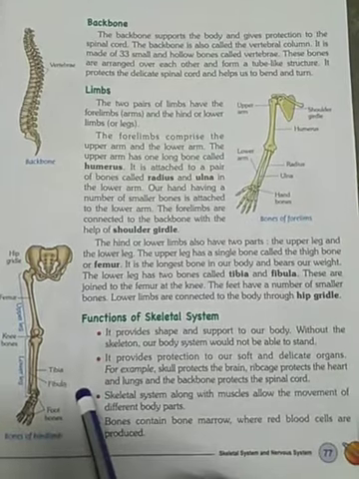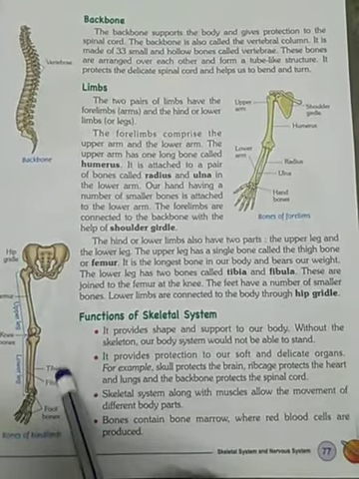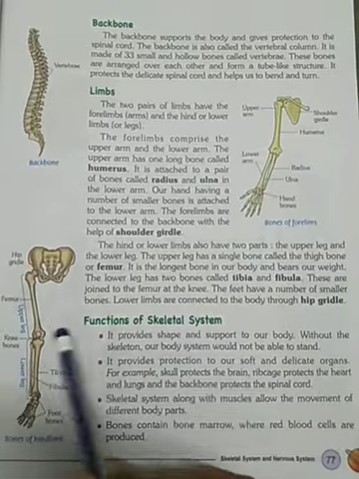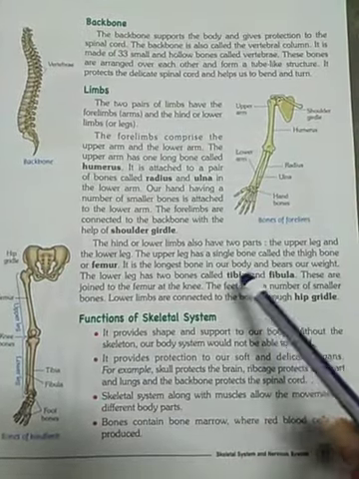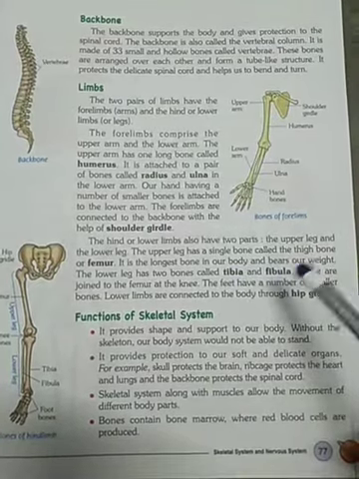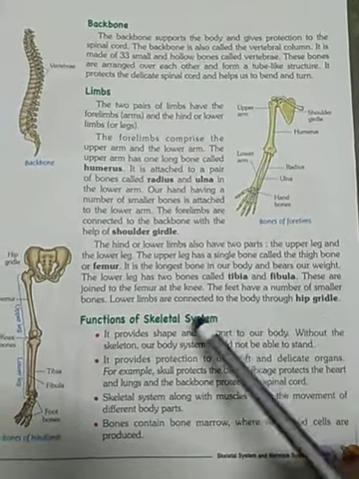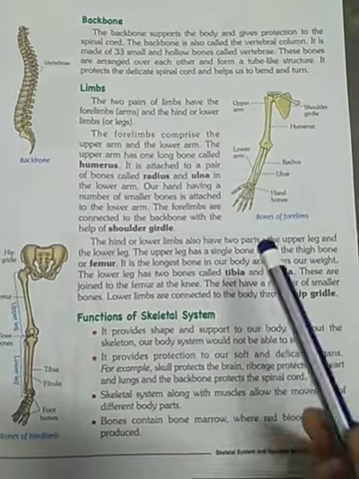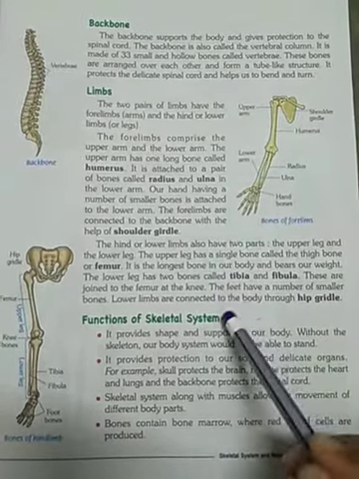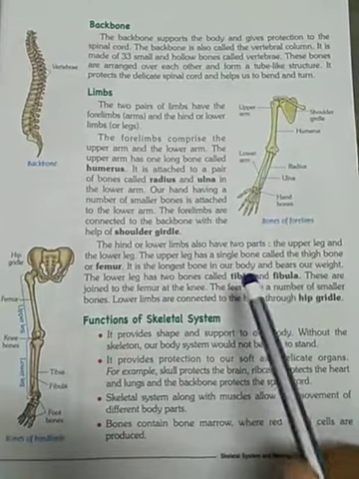And the skeletal system along with muscles allows the movement of different body parts. Okay, and bones contain bone marrow where red blood cells are produced, right? Which is a very important part of our body, right?